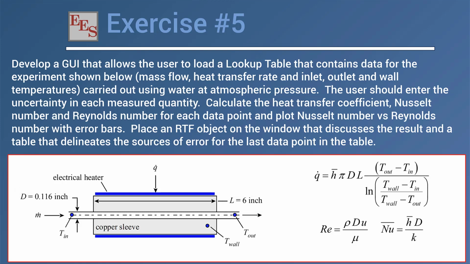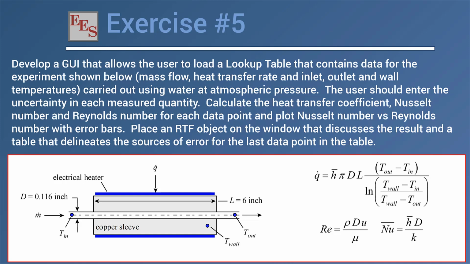So what you need to do is provide a link on the window that allows the user to load up a lookup table that contains a column for each of these measured variables: mass flow rate, inlet, outlet, and wall temperature, and heat transfer rate. The user should also be able to enter the uncertainty on the window for each of these measured variables.